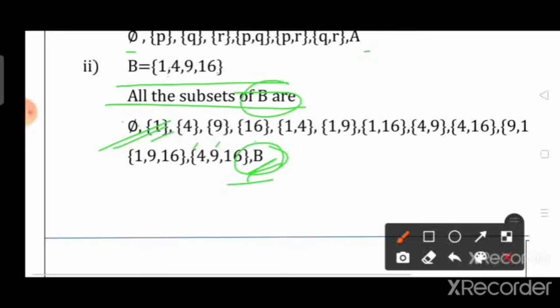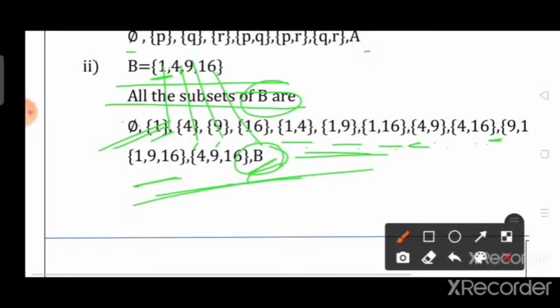Four elements are individual sets. And here {1, 4}, {1, 9}, {1, 16}. We take 1 as the first element, and the remaining elements 4, 9, 16 as the second element. Then 4 as the first element, with all the remaining elements as the second element. And 9 as the first element, with the remaining elements, like that. So these are all subsets of the set B.